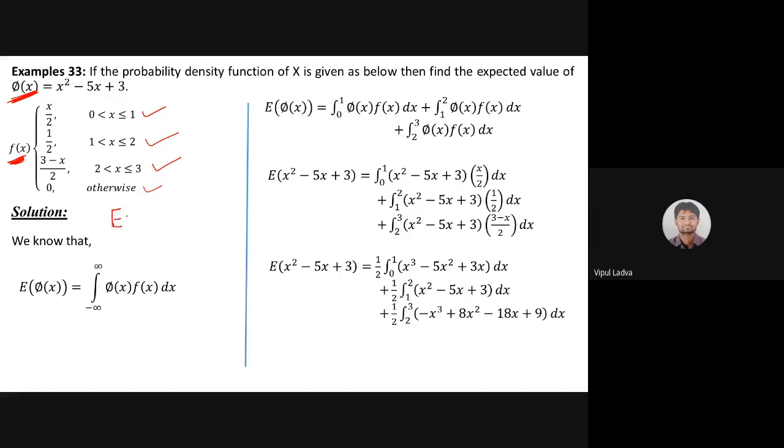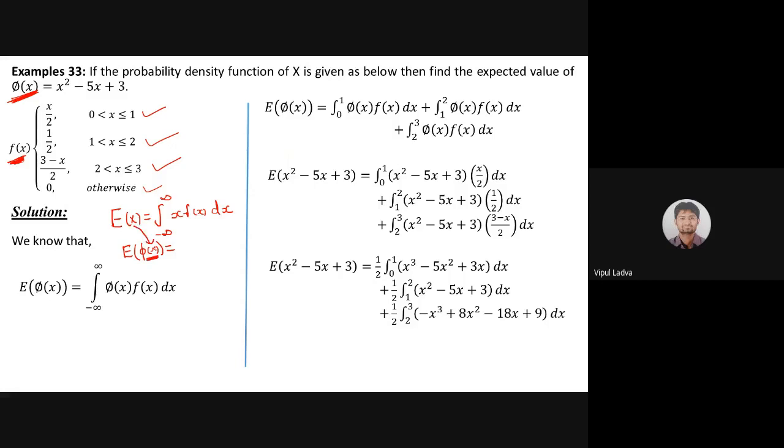The definition of e of x expectation was something like that: integration running from minus infinite to infinite x f of x dx. Is it? This is the definition of expectation when we are dealing with the continuous variable, and this was the definition of expected value if we are dealing with one of the function instead of random variable.